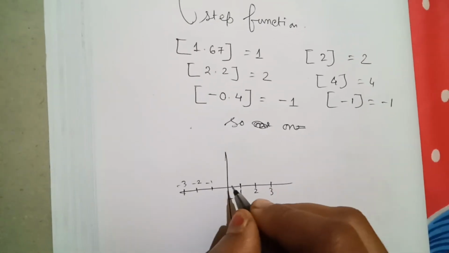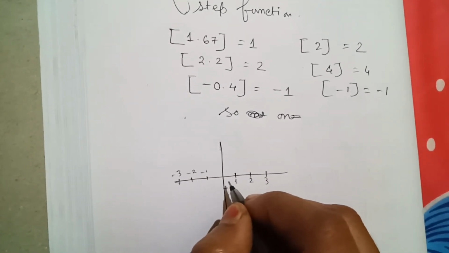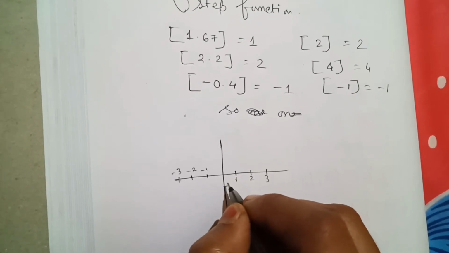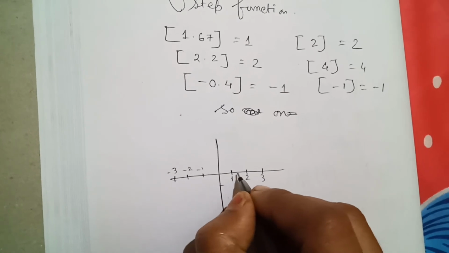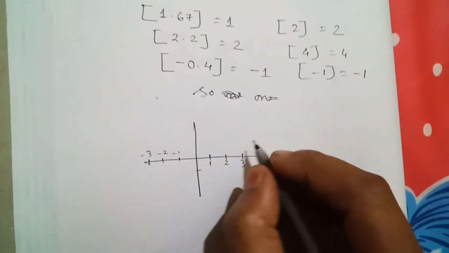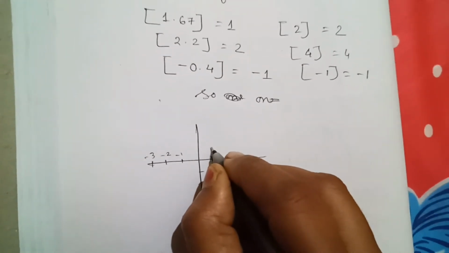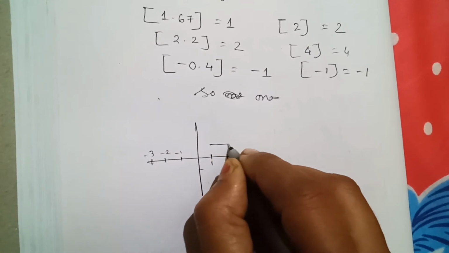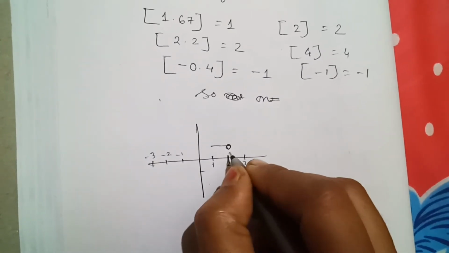Okay, so we can say that from -1 to 0. I'm just doing it from 0 to 1. 0 to 1 we are not keeping anything. 1 to 2 will be 1, but less than 2.